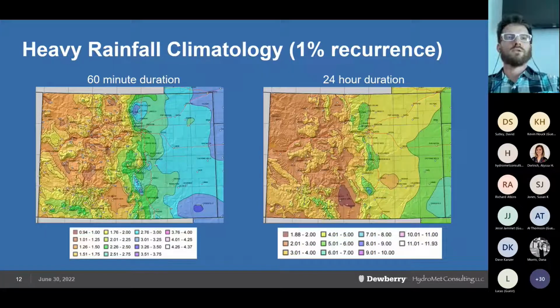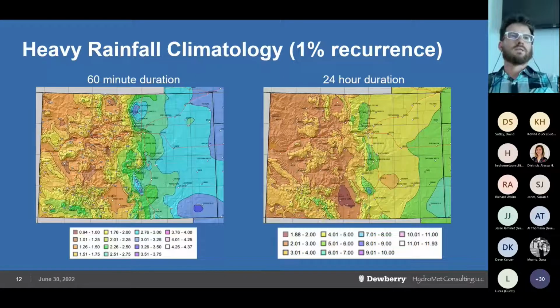Whereas if we move eastward towards the northeast and southeast plains, that goes quite a bit upward into the 2.5 to 3 to even 3.5 inch per hour intensity. So quite the range that we have to cover.